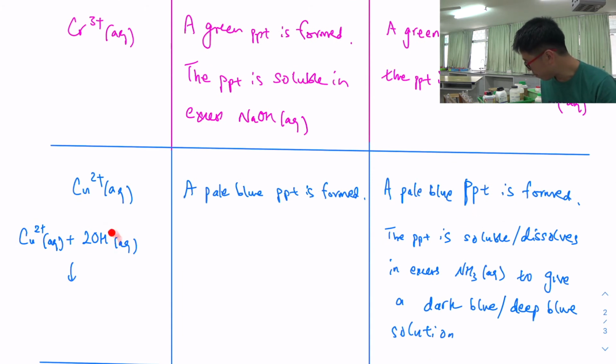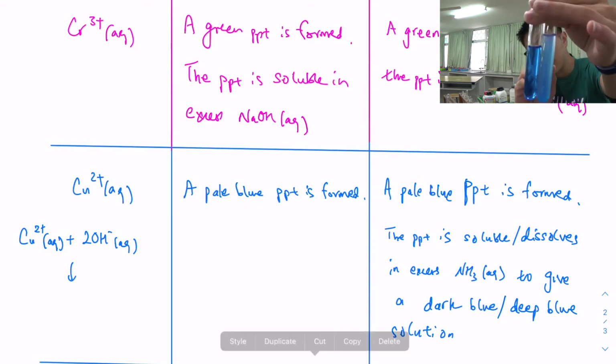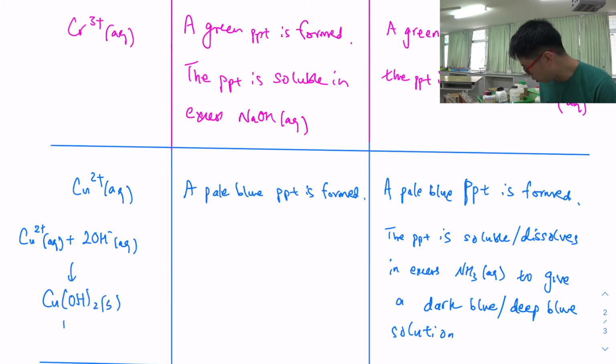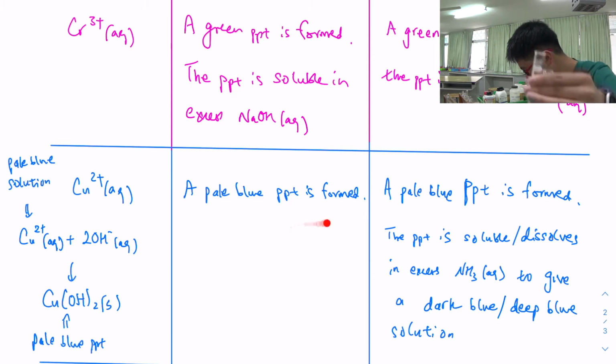When we added ammonia in a little amount, it provides you the hydroxide. It's the same reaction as the hydroxide reacting with copper 2 plus. It gives you something called copper 2 hydroxide. Copper 2 hydroxide is the pale blue PPT. This is the pale blue solution.